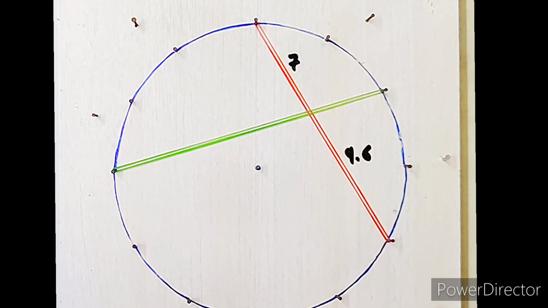If we multiply these two, 7 into 9.6, we get it here as 67.2 centimeter. Let us measure the next part.